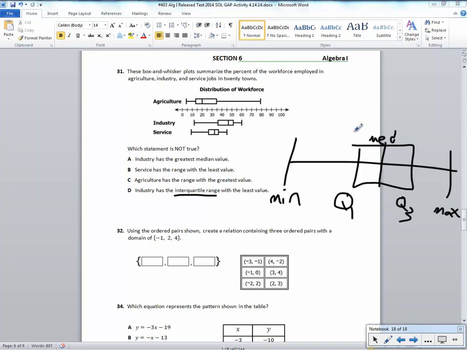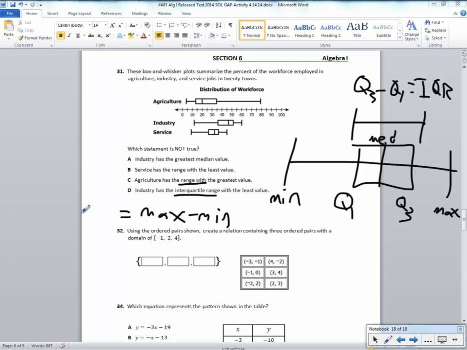Interquartile range is Q3 minus Q1. Range is max minus min.